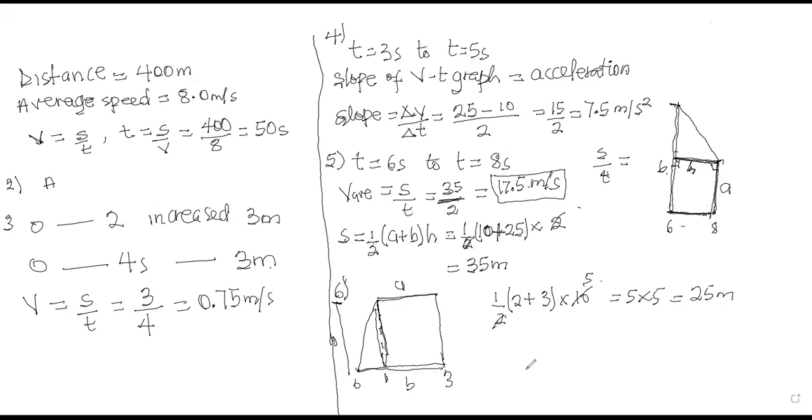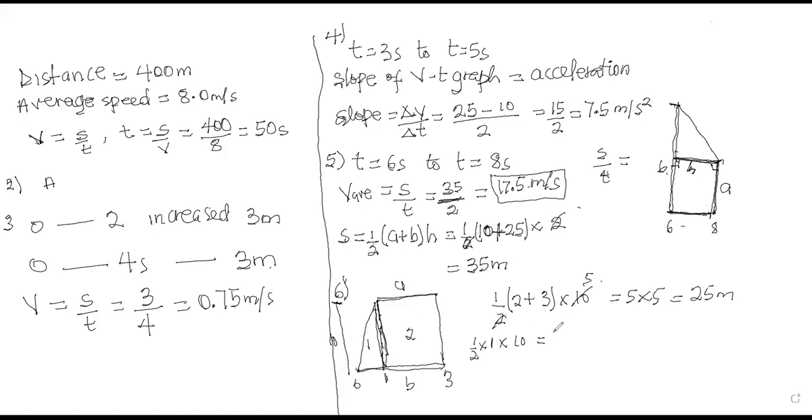Area under a velocity-time graph is equal to the total distance traveled. So once you determine the area under the speed-time graph, you can also solve the same problem by dividing this area into two: one triangle, another rectangle. Area of the triangle, half base times height. The base is 1, the height is 10.